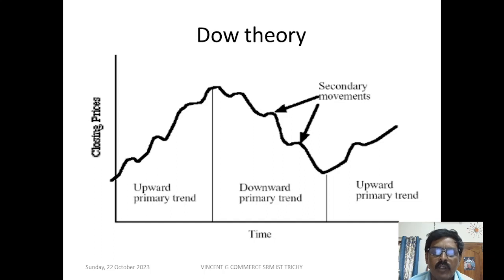And if a trend continues for more than a year up to 5 years, then it is a primary trend. So with this, we learned what Dow theory is, its assumptions and tenets, and a chart showing the major trends and secondary trend. Thank you.